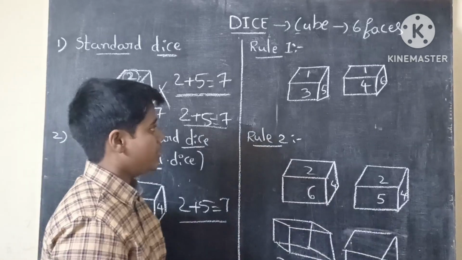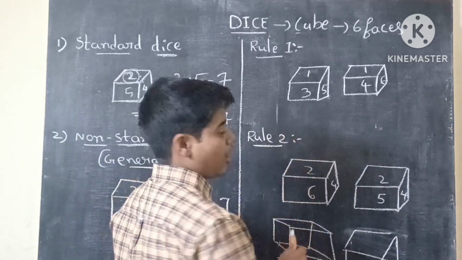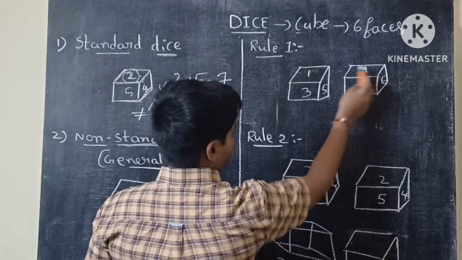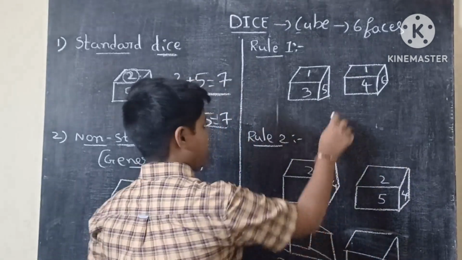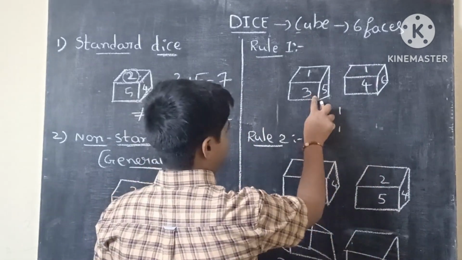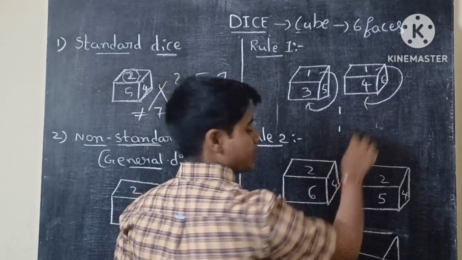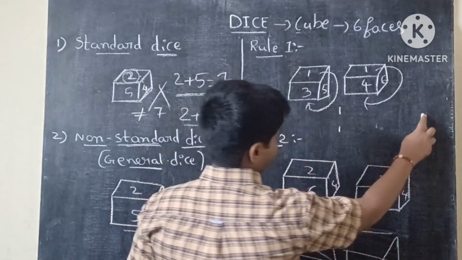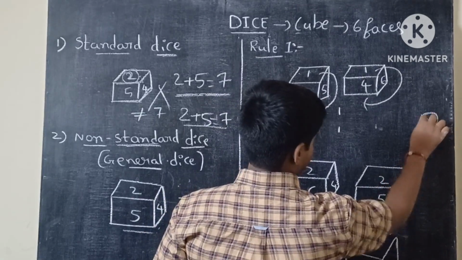In rule number 1, to find the opposite sides, first take one common number. One common number means here 1, here also 1. Write 1, 1, and write the clockwise numbers. Clockwise means the direction in which the minute hand of a clock moves in a circular path.